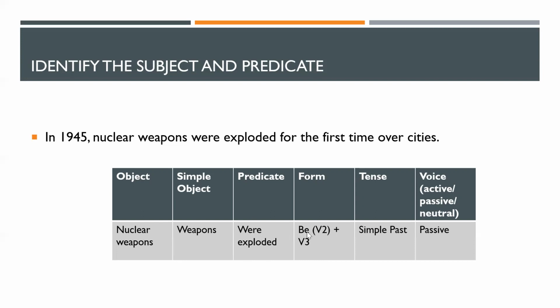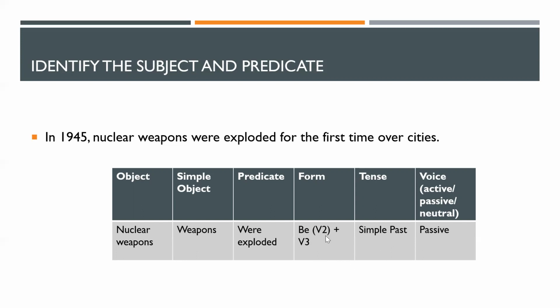So we have be plus verb 3. As you can remember, the construction of be plus verb 3 is passive. The next one, because we have "be" in the form of verb 2, the tense will be simple past. Get it?